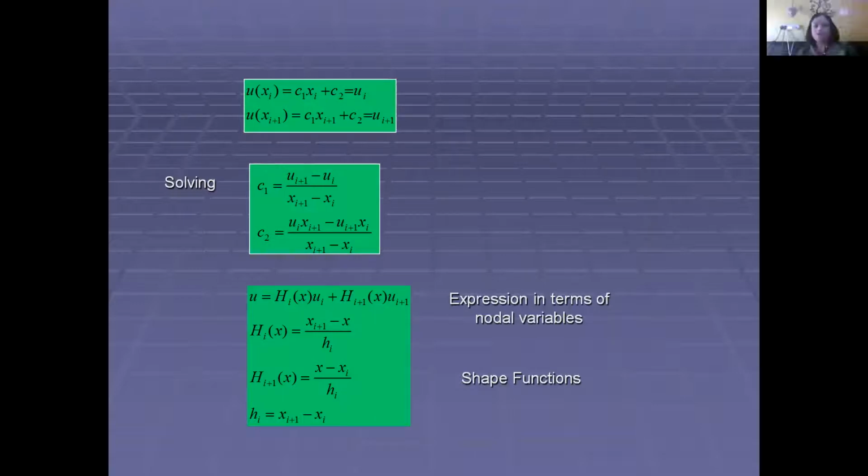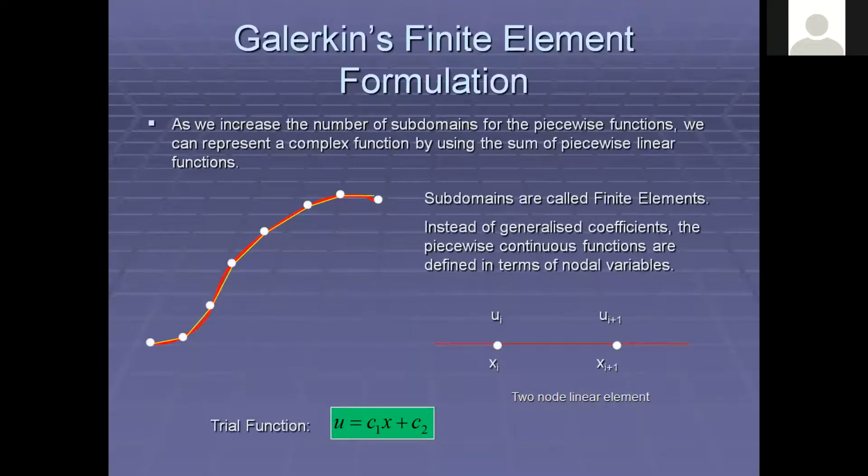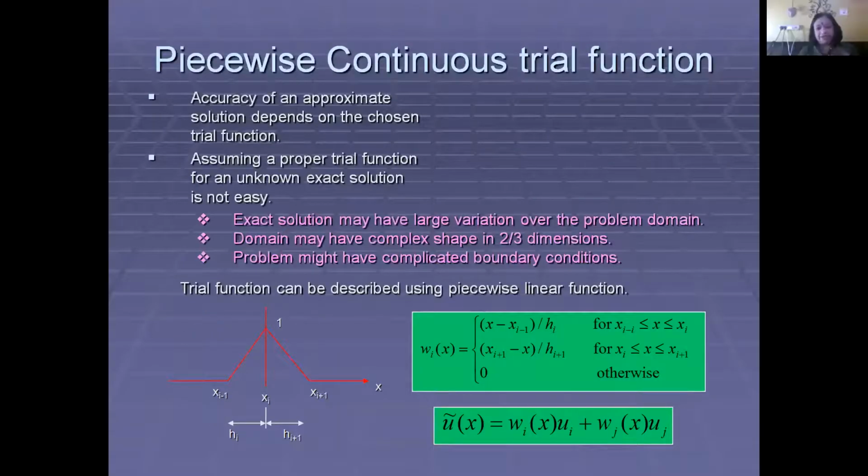No. What does this function look like? Does it look like this? Is this the function? At node i, of course. Isn't wi and Hi the same function? Yes, ma'am.